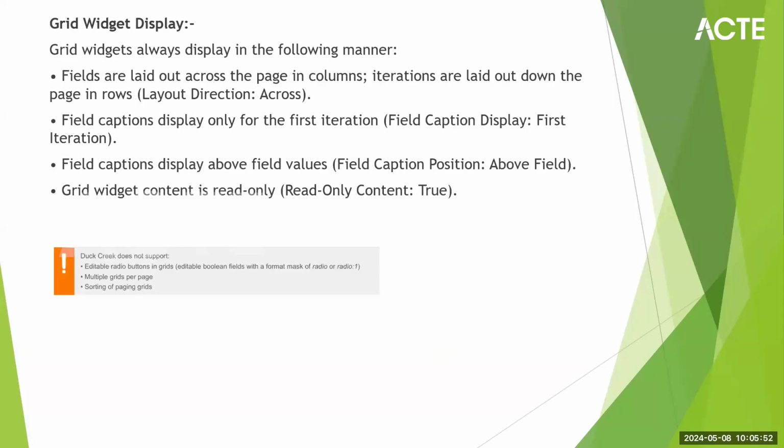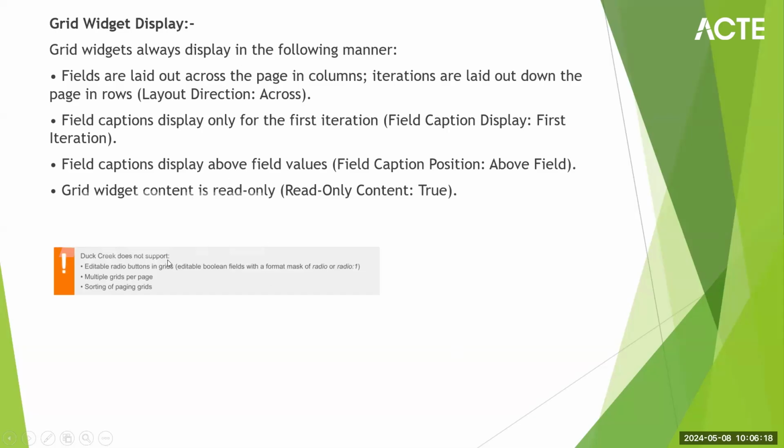Grid wizard always displays in the following manner. Fields are laid out across the page in columns. Iterations are laid down the page in rows. For example, if two fields are there and you want one field here and one field here, those kinds of changes you can do in grid wizard.